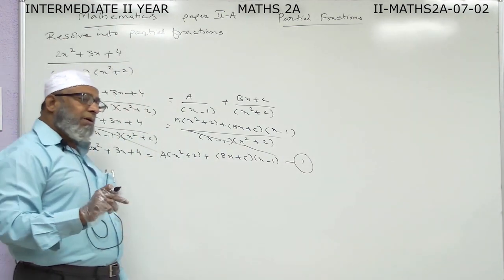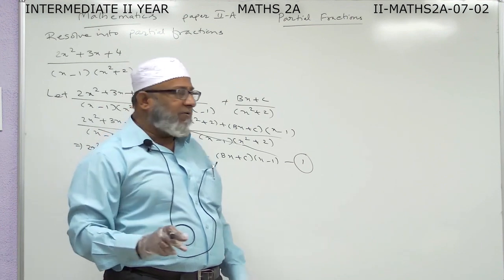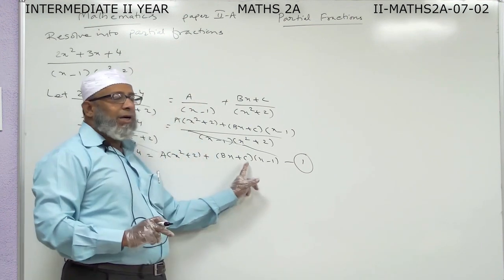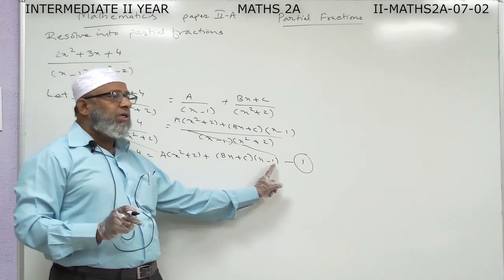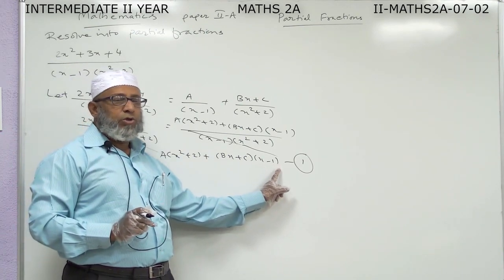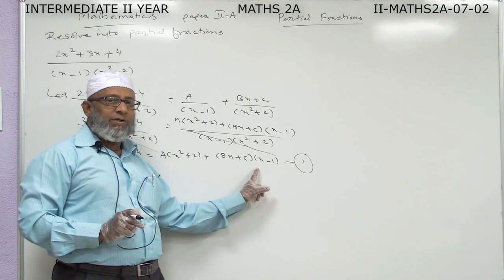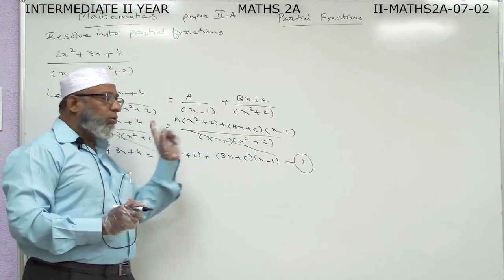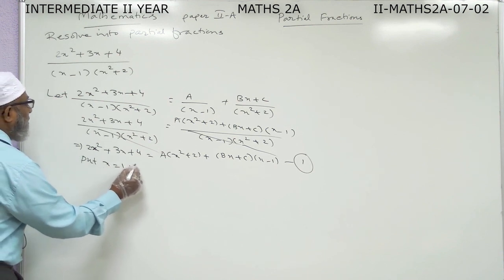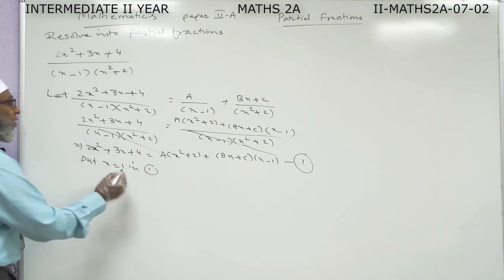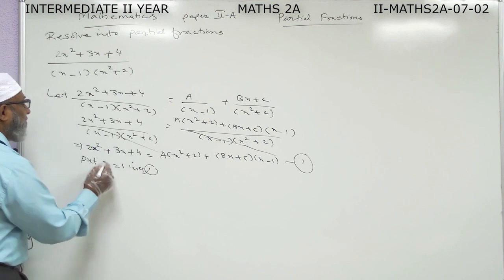Now, my purpose is to get the values of a, b and c. To get the value of a, what is the number here? Minus 1. So, if I put x equal to plus 1, this will become 0. So put x equal to 1 in equation 1. In equation 1, what happens?